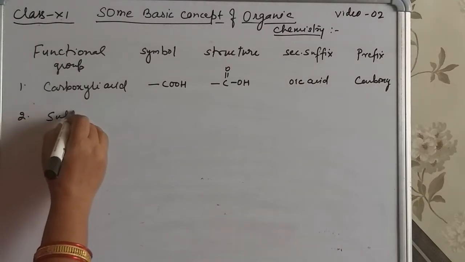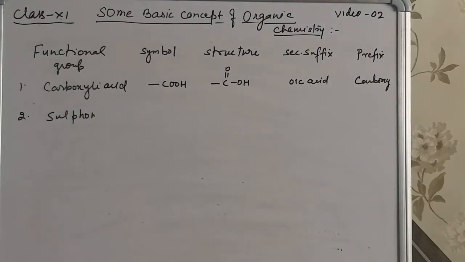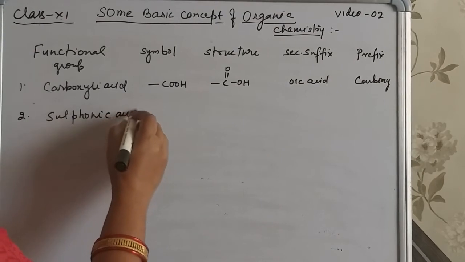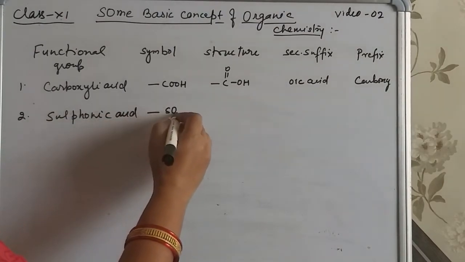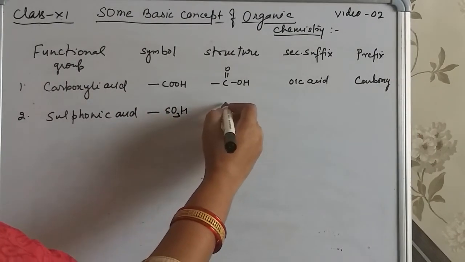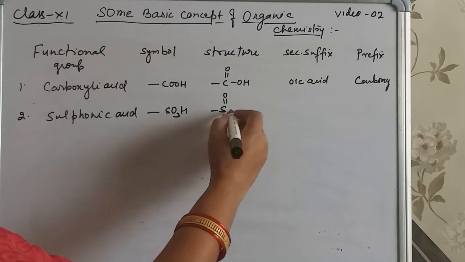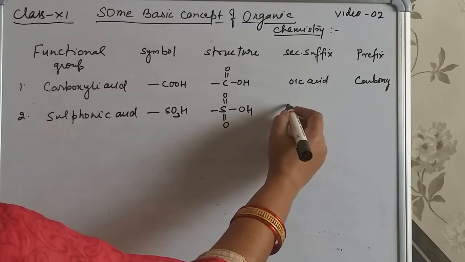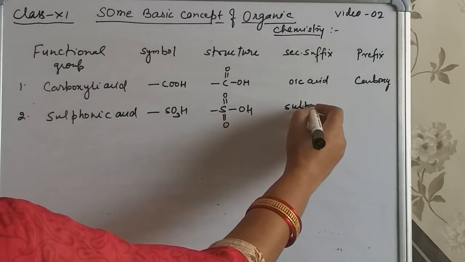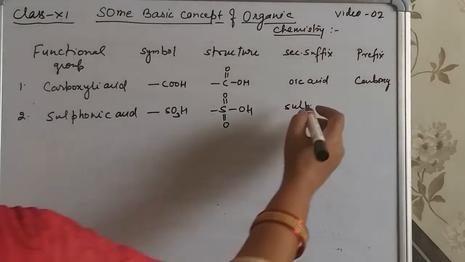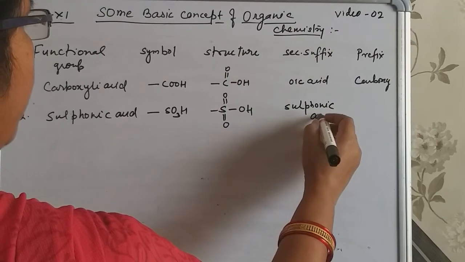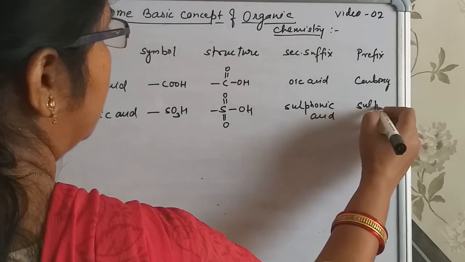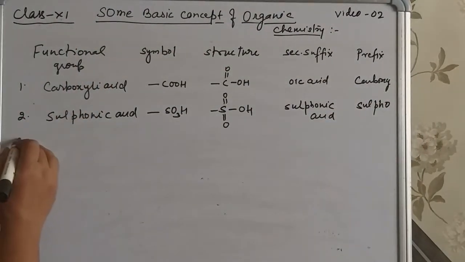Sulfonic acid, the formula SO3H, structure S double bond O and OH. The suffix is sulfonic acid, and sulfo is used as a prefix.